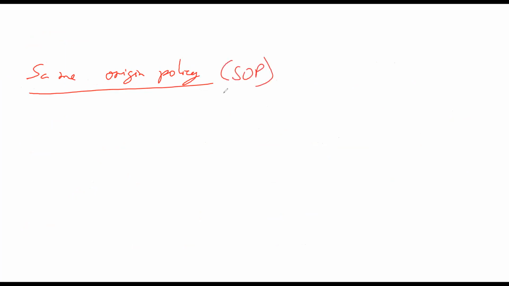This is a very important security concept for a number of browser-side programming languages such as JavaScript. If pages or code have the same origin, then they'll be able to access each other's resources. But they will not be able to access each other's resources if they don't have the same origin.